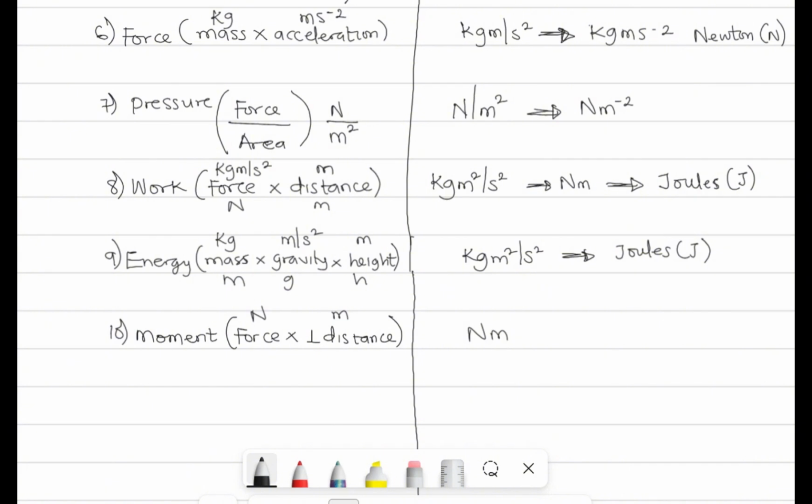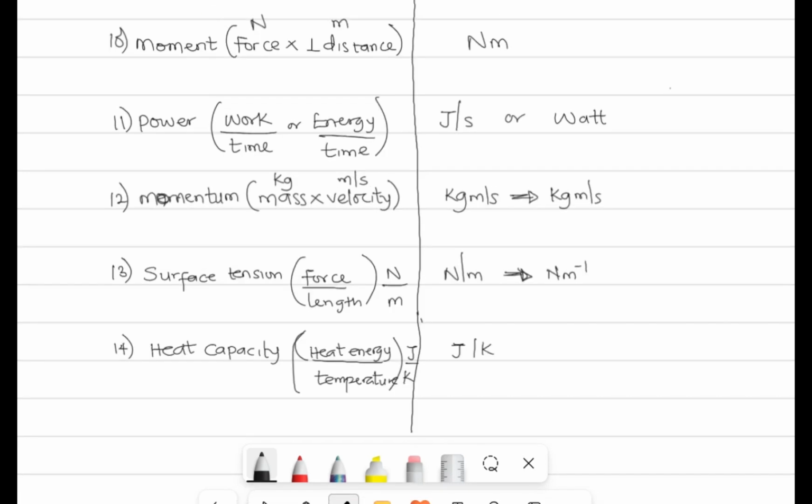There are many of these, and you can try to memorize and get them by yourself. I'm going to write so many of them, and then you can write their units too. There's no need to take much time doing that, but let's look at them below. We can't exhaust the list, but we have power. Power is work over time, which is joules per second, with an SI unit written as watts.